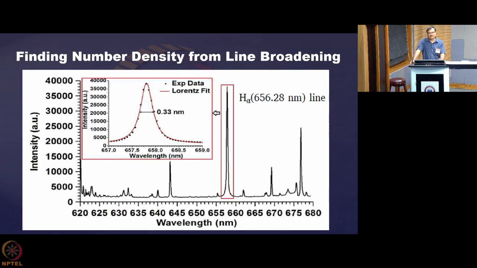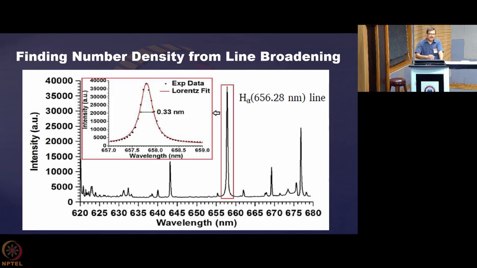Even if your gas has some moisture, that also gives significant intensity of this H alpha line. That way you are able to know the density of the plasma without disturbing the plasma significantly.